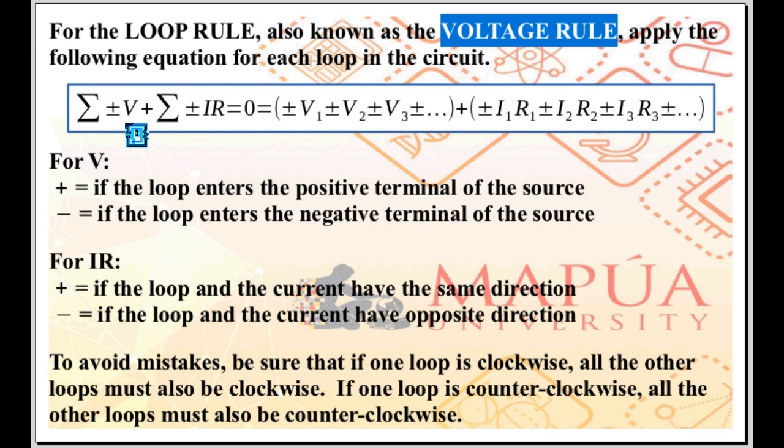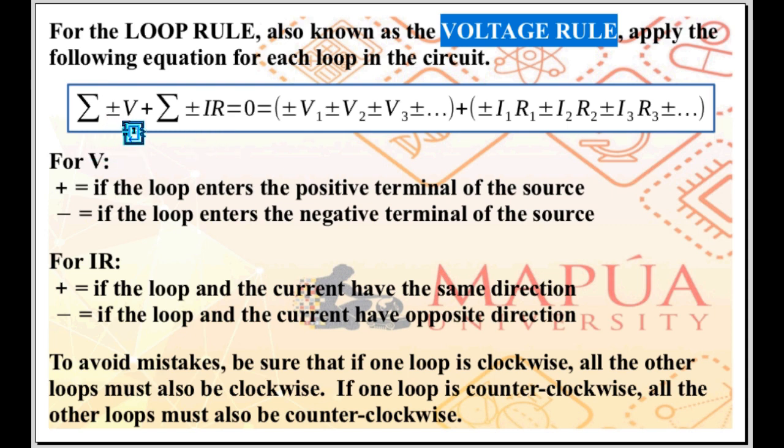Summation of plus minus V plus summation of plus minus IR is equal to 0, where V pertains to the voltages due to the EMF sources or power supplies in the loop, and IR for the voltages across the resistors in the loop.